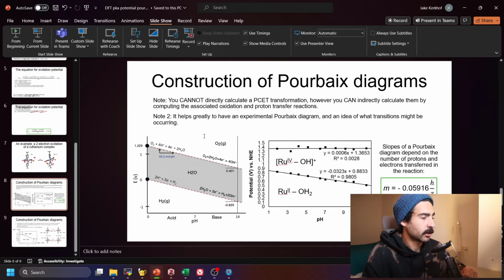And for the construction of Pourbaix diagrams, you'll probably want to have an experimental Pourbaix diagram to better predict what each transition will be. If you're unfamiliar with Pourbaix diagrams, it's a plot of pH and potential, and based on the slope of these diagrams, you're able to predict how many protons and electrons are transferred.